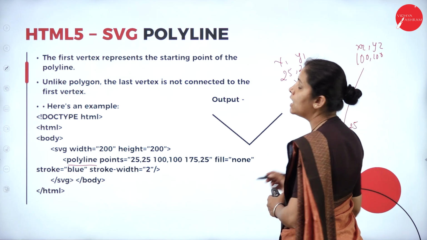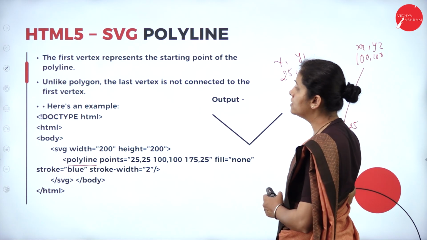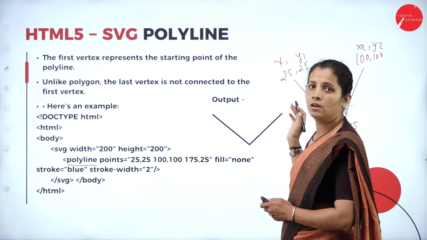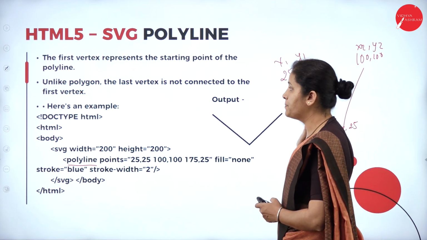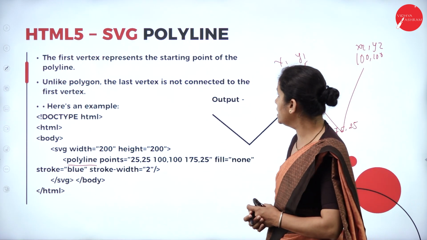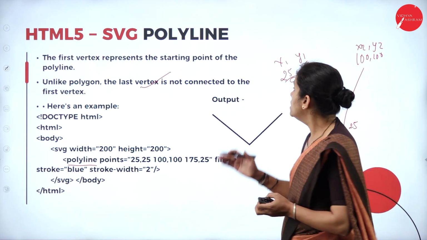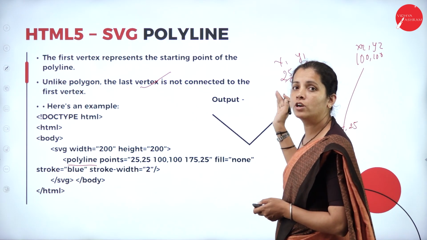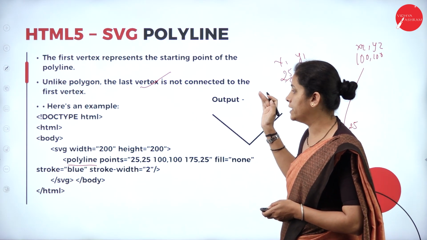If the lines are connected like this, this is nothing but the open shape. The first vertex represents the starting point, and the last vertex is not connected to the first vertex.